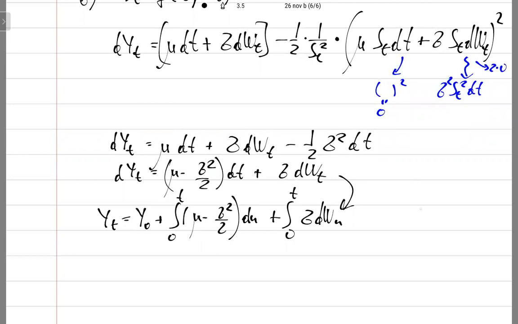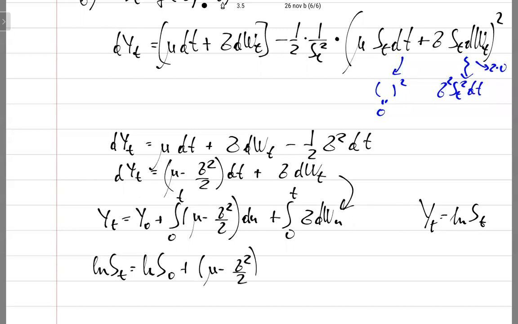So that's a correspondence between full form and short form. I recall that Yt was the logarithm of St. So the logarithm of St is the logarithm of S0 plus these two integrals, which I can take. It will be mu minus sigma squared over 2 times t plus sigma Wt.